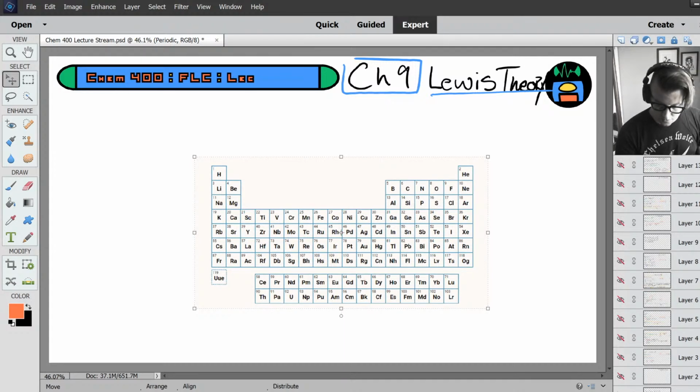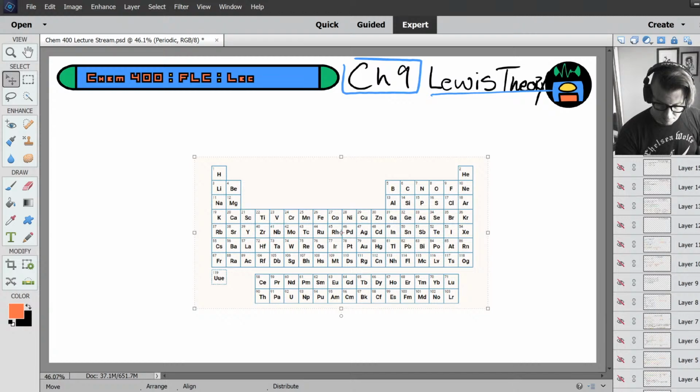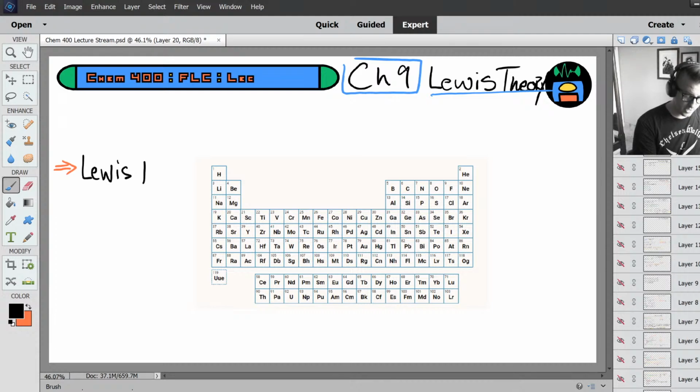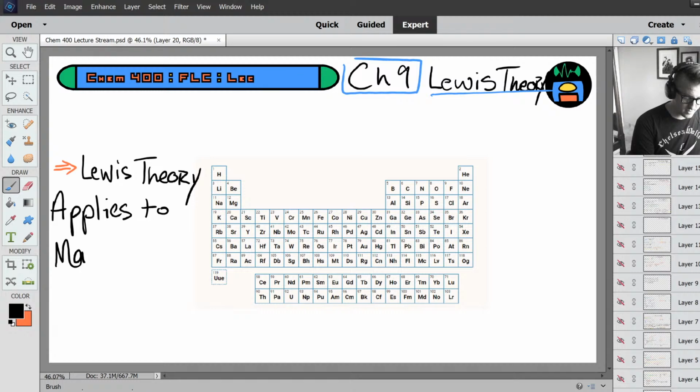All right. So something you should know, and in the spirit of full disclosure, I want to say this up front. Lewis theory applies to main group elements.